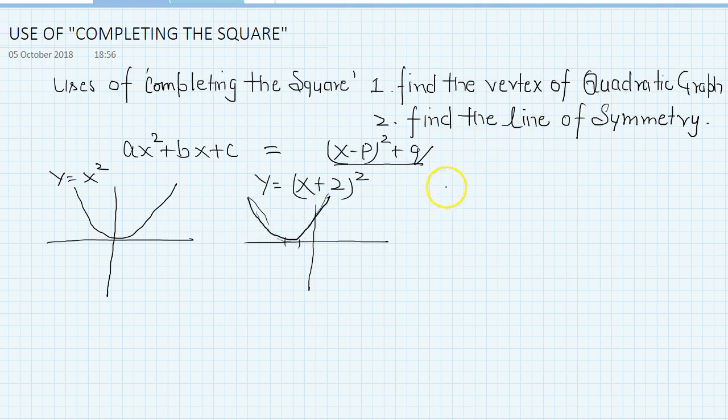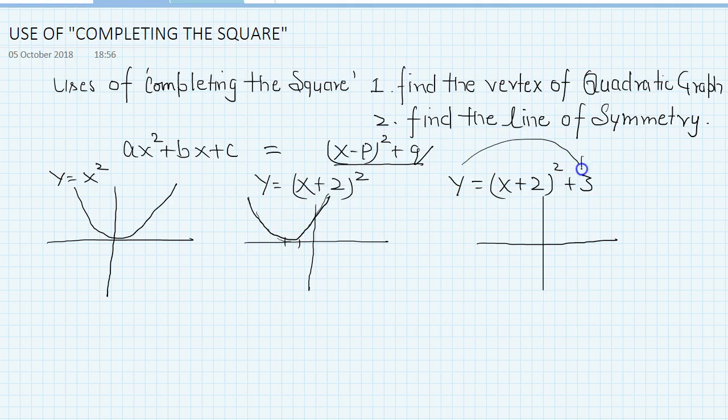And if I have to draw the graph of y is equal to (x plus 2) square plus 3, my graph will shift, the increment of y is directly 3. So this is 1, 2 and this is 1, 2, 3.